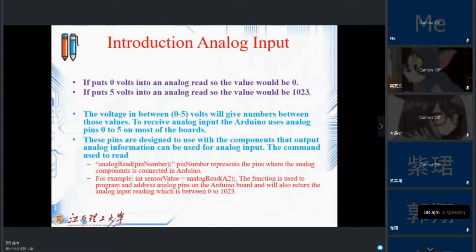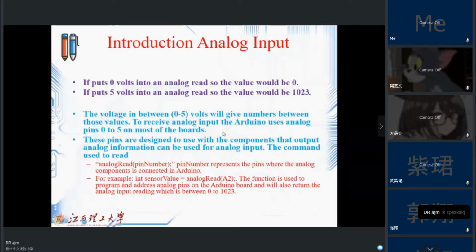It's related to the ATmega calculating and also the frequency that we have. Then the voltage between 0 and 5 volts will give numbers between these two values. To receive analog inputs, the Arduino will use the analog pins 0 to 5 on most of the boards.